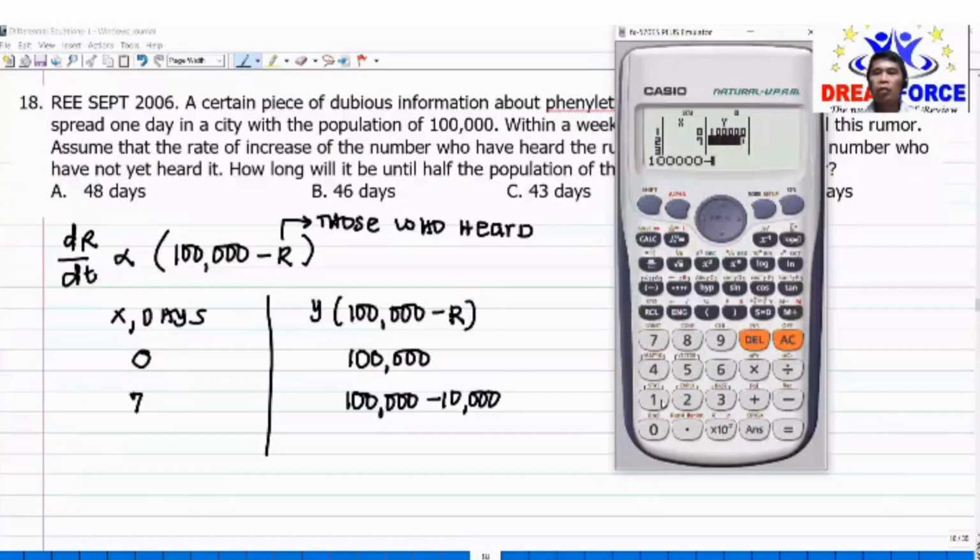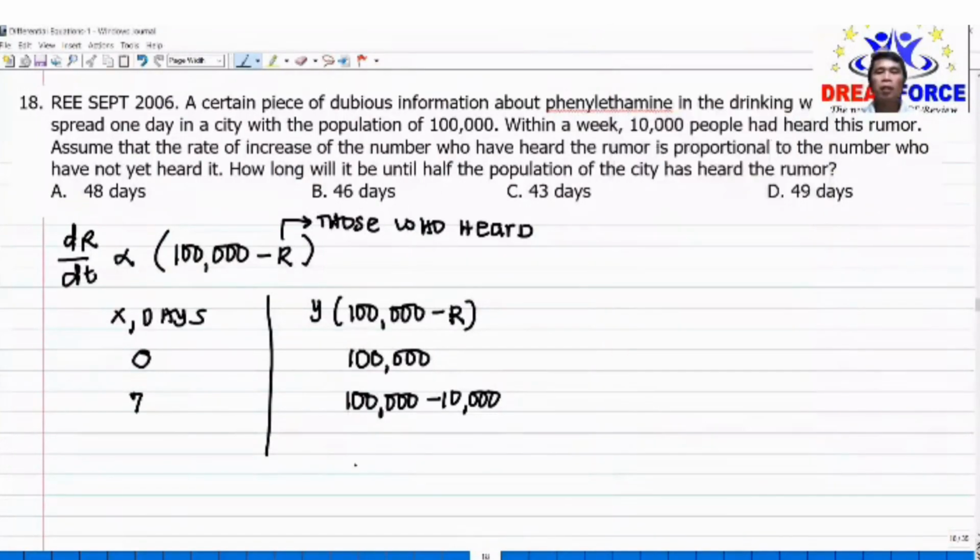Then how long will it be until half the population has heard the rumor? So kung yung hindi nakarinig, parehas lang sa nakarinig, which is 50,000. 50,000, x yung tinatanong. So x hat.